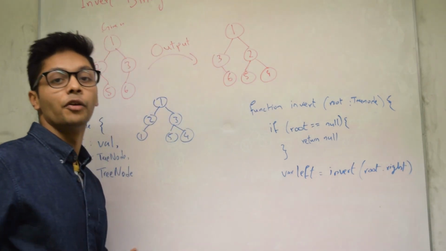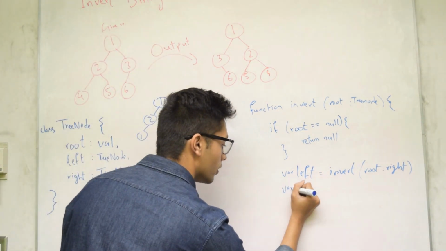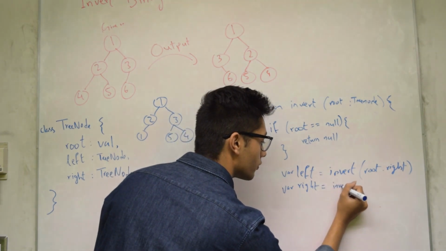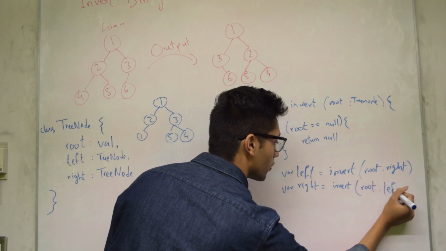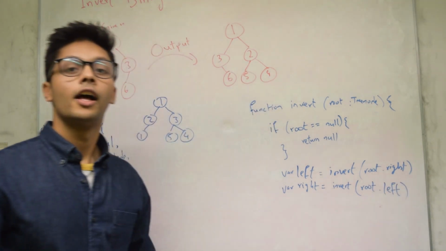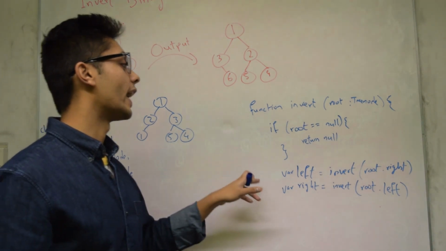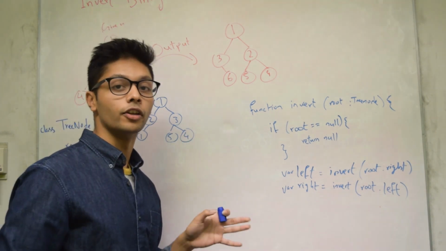And then similarly, we do the same thing for the right child. We create a variable right. When we're done creating the left and the right variable, we have to assign the root's children. So right now the root is still not modified.